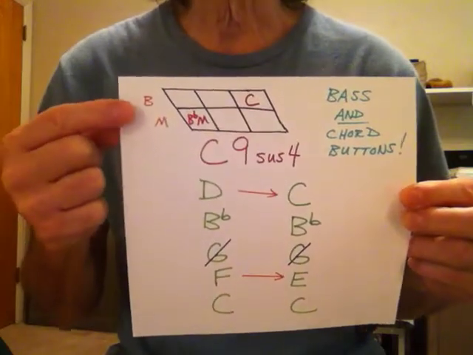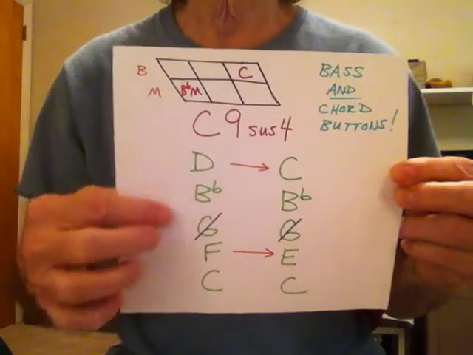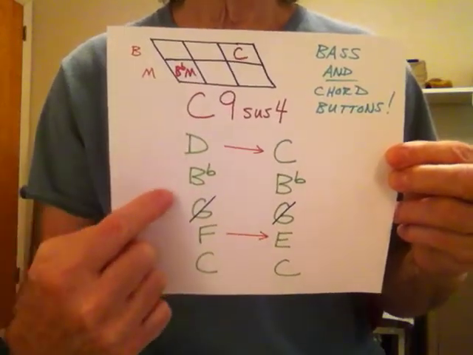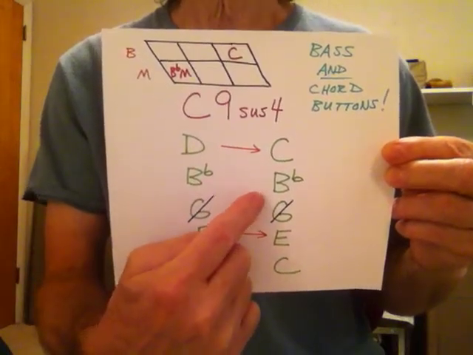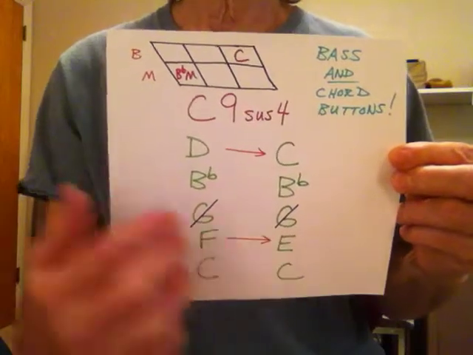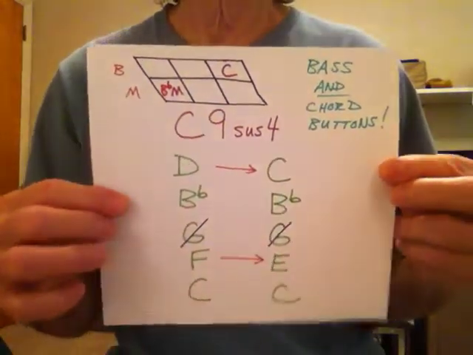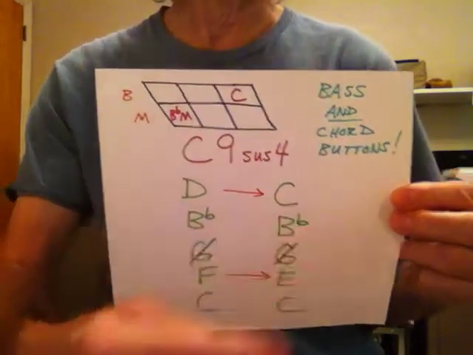We were using a bass button here, and a chord button here to make this chord. All right? And that chord would normally, not always, but normally resolve to the C dominant 7. And of course the 5th generally is omitted. Not always, but generally. So I showed you that, but we were using bass and chord buttons.